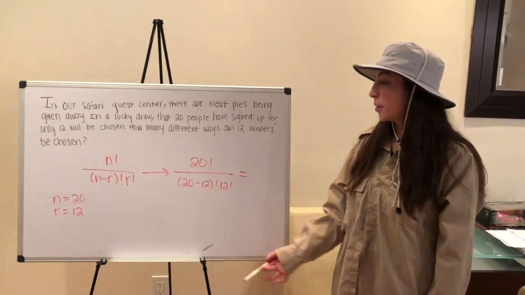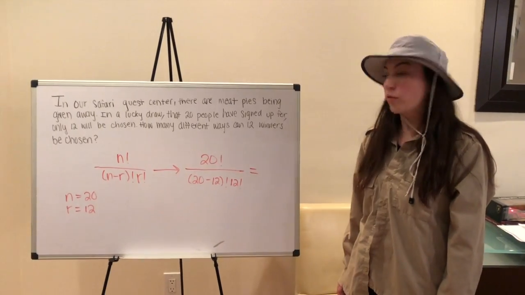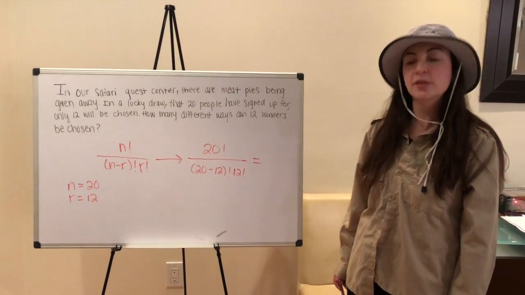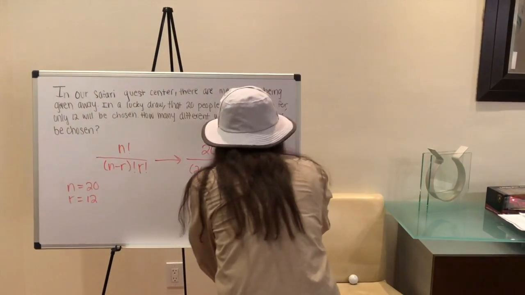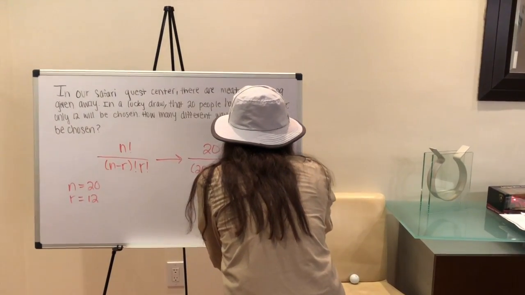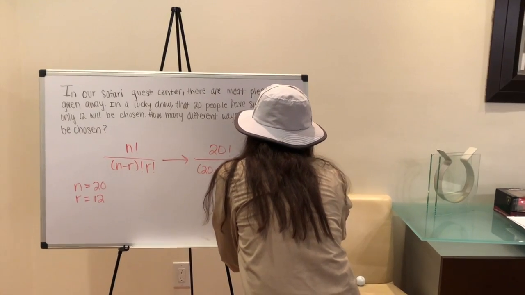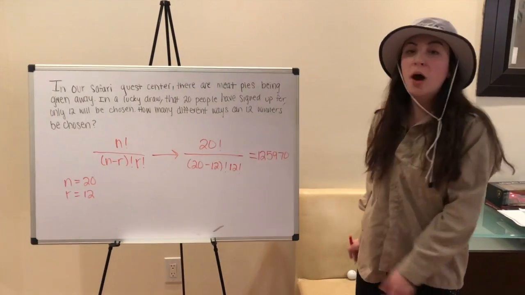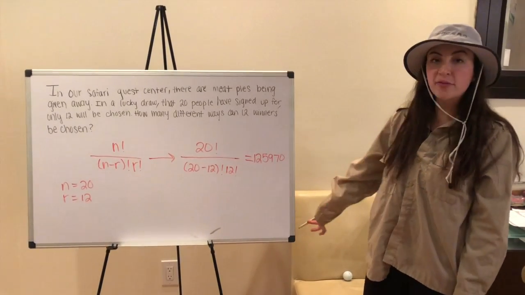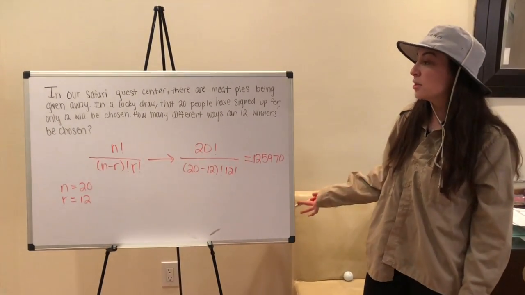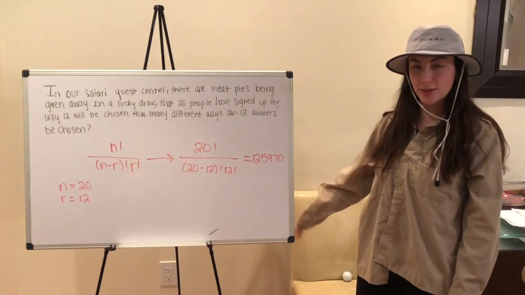Therefore, we use the formula 20 factorial over 20 minus 12 factorial times 12 factorial, and we get the answer 125,970. There are 125,970 different ways that 12 winners can be chosen.